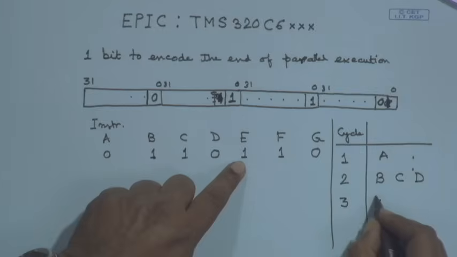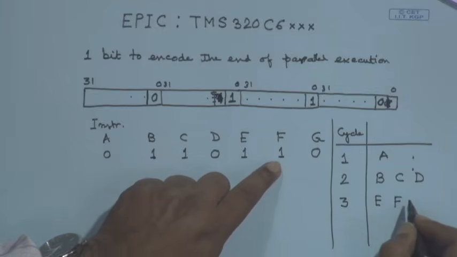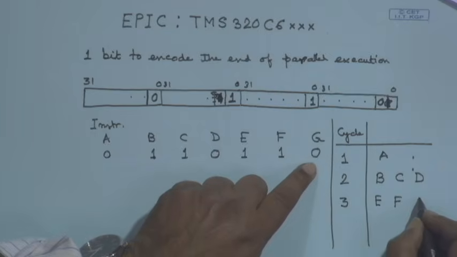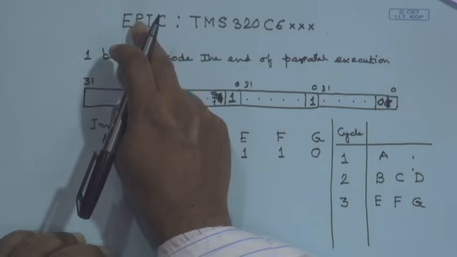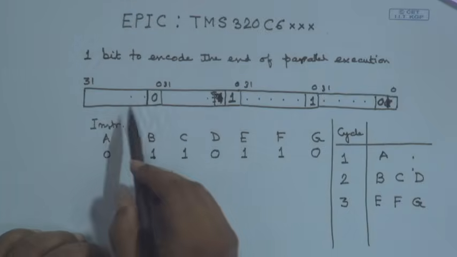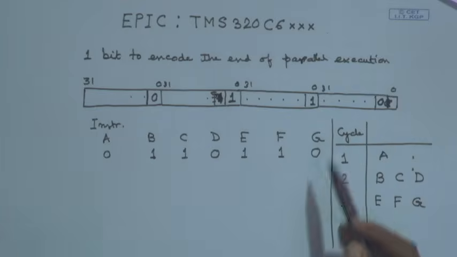E will be executed and E says let F be executed in parallel with me. F says let G be executed in parallel with me, and G says no. So, you see EPIC is a little modification or extension of VLIW. This shows how innovative computer designers can become in designing new types of architectures.